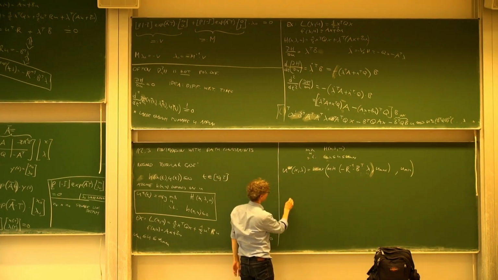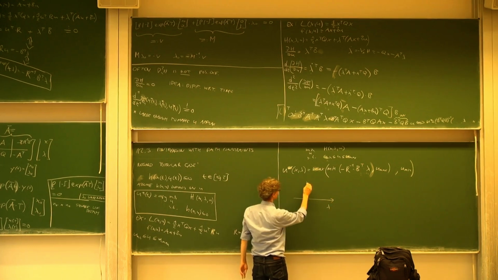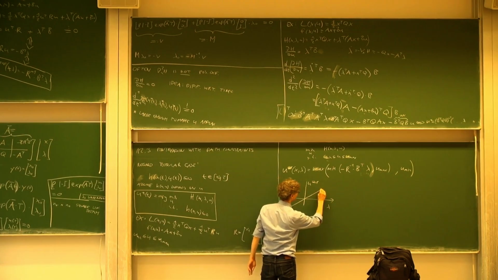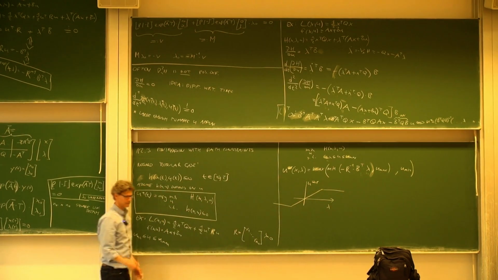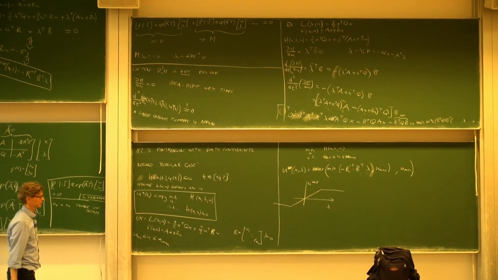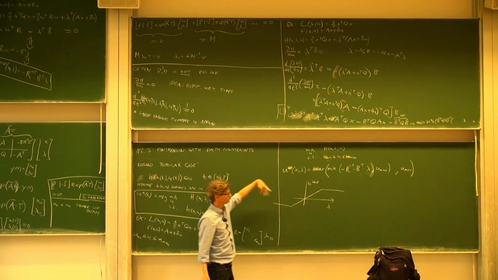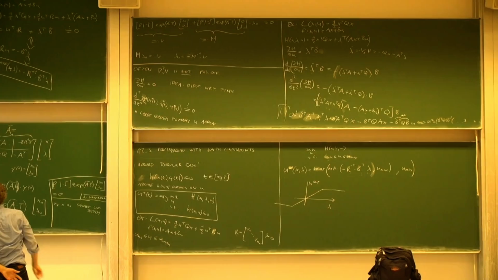If it would be one component, then here is lambda and here is u. Then it would look something like a saturation function. But if it's multiple components, it will be a bit more complicated. But this expression is still an explicit expression for my controls, and I could plug it into my equations here.